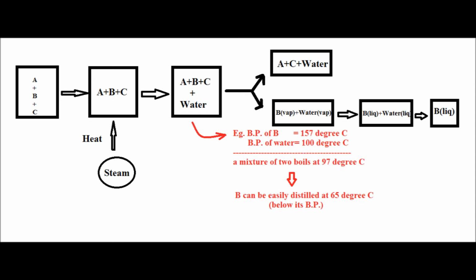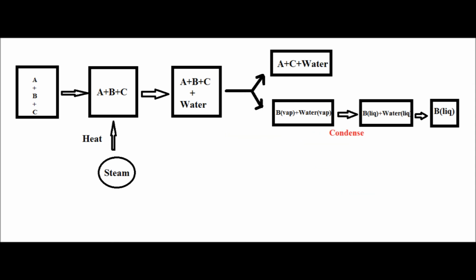So B can be easily distilled at 60 degrees Celsius below its boiling point. The next step will be to condense the vapors of B and water, by which we get the liquids B and water as a mixture. Now as B is organic and water is inorganic, we get two separate layers of B and water, from which B can be extracted.